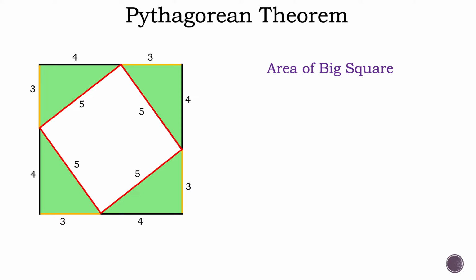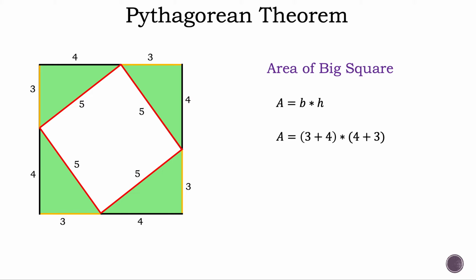The area formula for a square is base times height, and our base is 3 plus 4, and our height is 4 plus 3. Let's go ahead and substitute those numbers in, and now we have area is equal to 3 plus 4 in parentheses, which is our base, times 4 plus 3 in parentheses, which is our height.